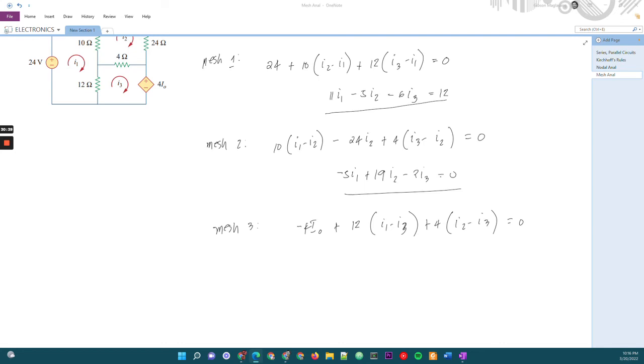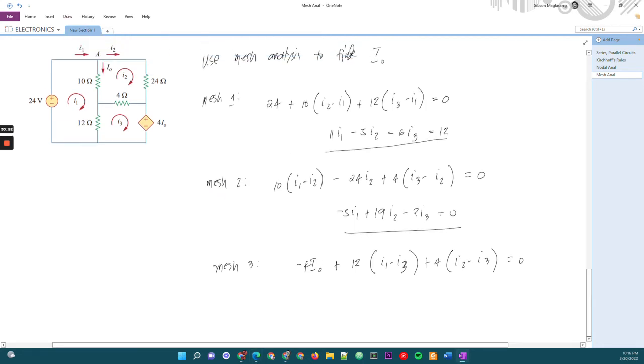But we know that at node A, where's node A? So we know that at node A, I naught is equal to I1 minus I2. Okay?